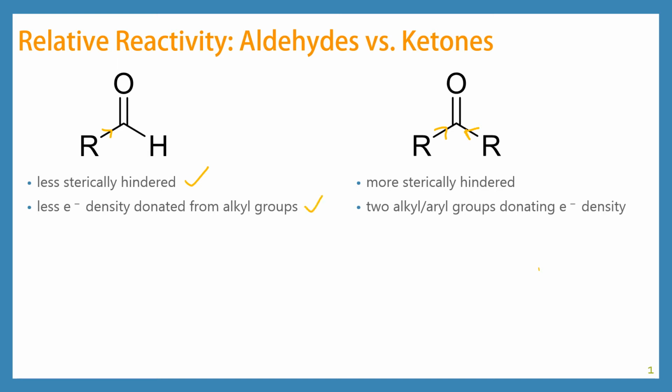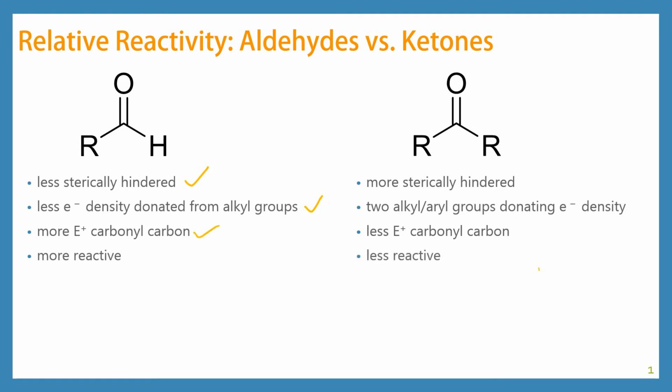So this is a point to the aldehyde again, because essentially this carbonyl carbon has a much larger partial positive than this one. So that makes the aldehyde more reactive and the ketone less reactive when it comes to nucleophilic addition.